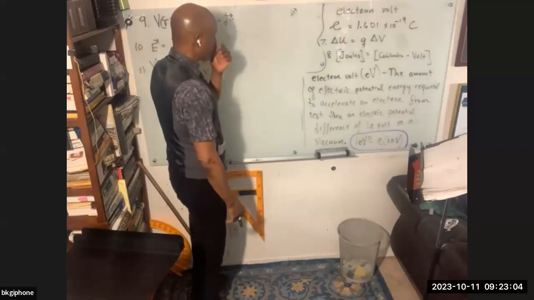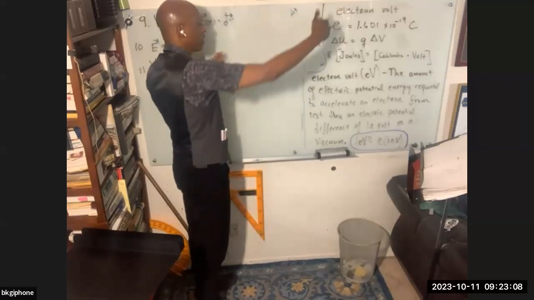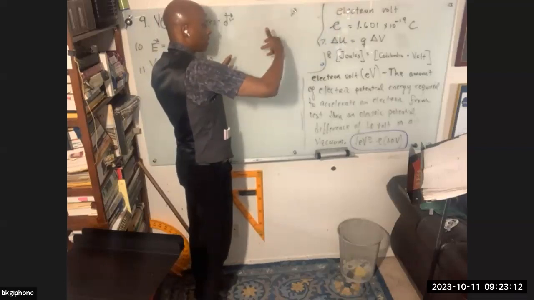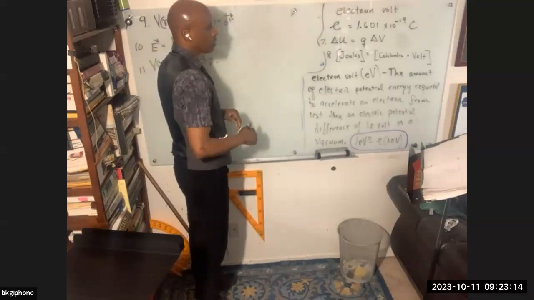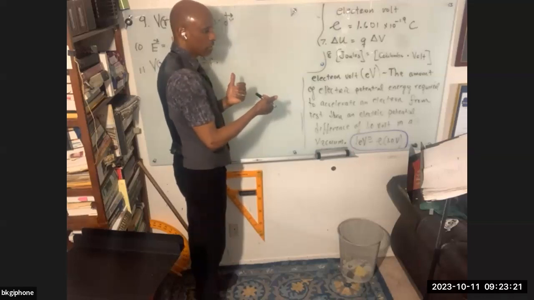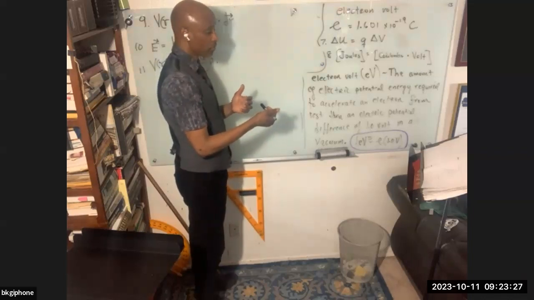For a positive charge, the electric field also points radially away, but for a negative charge, the electric field points in. So for a negative charge, dr and E are 180 degrees relative to one another. For a positive charge, they're 0 degrees.